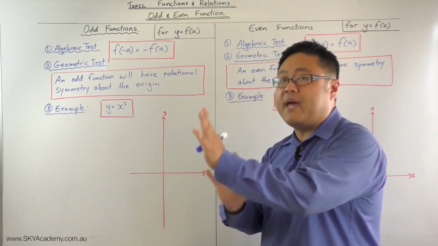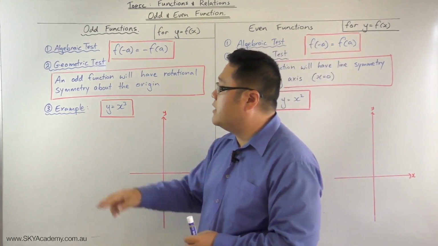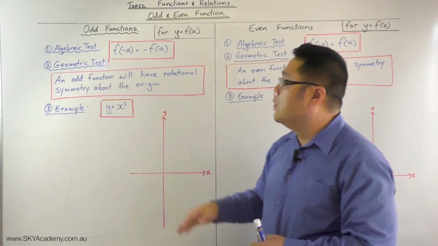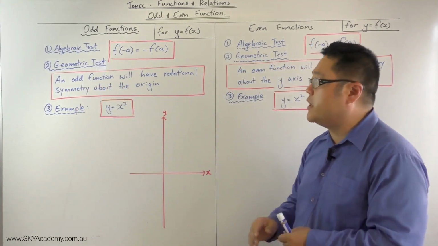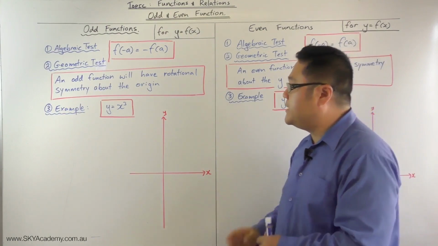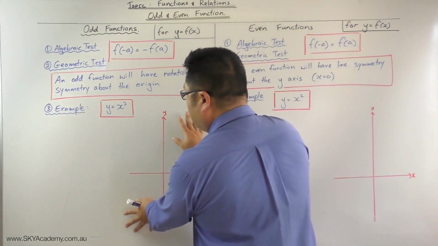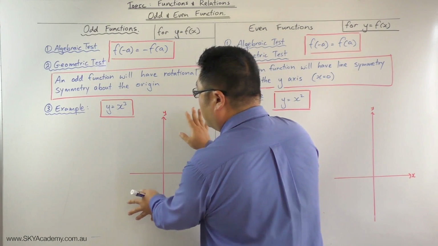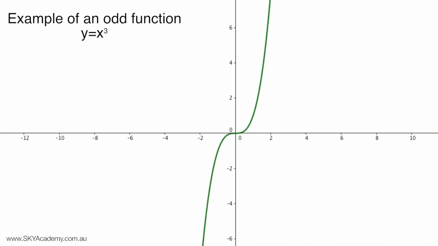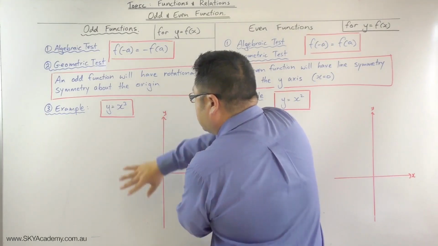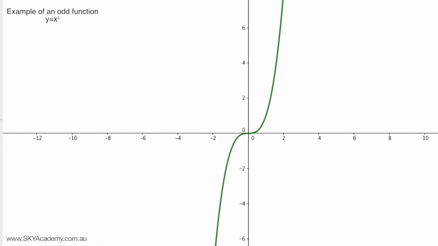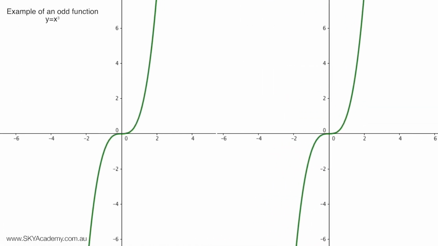Geometrically, an odd function will have rotational symmetry about the origin, which basically means this: if you turn the number plane that this function sits on upside down, rotating it 180 degrees, you would have exactly the same function.